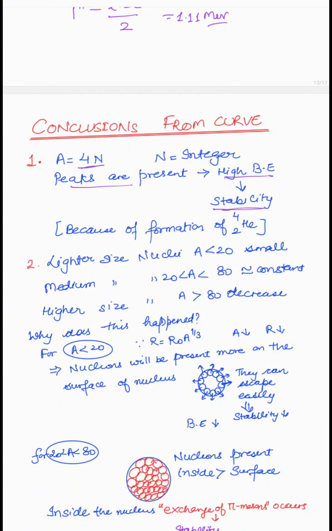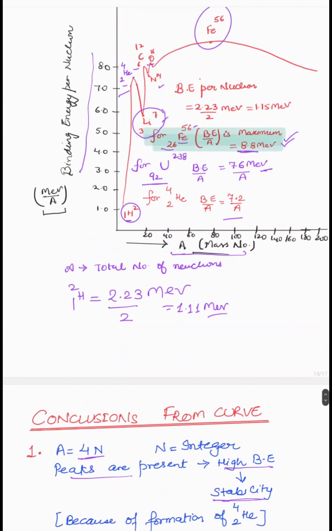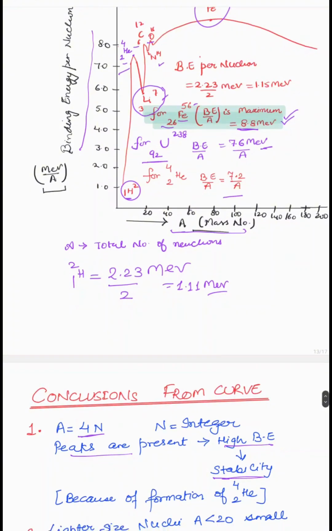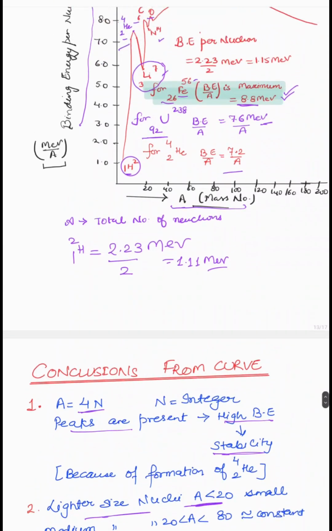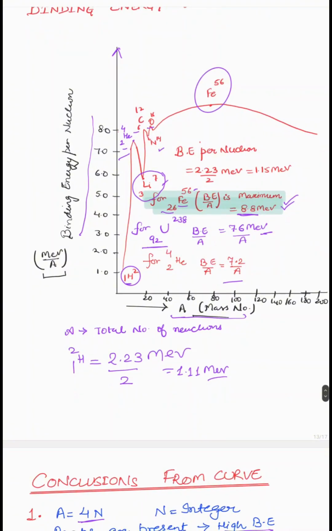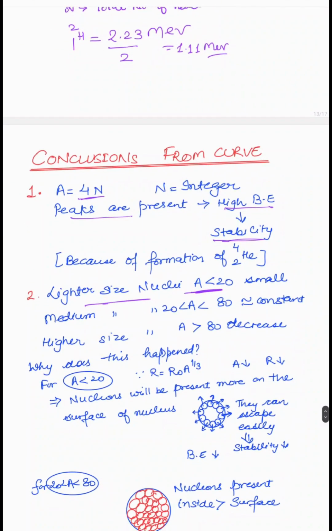Now the second conclusion that we can observe from here is that the nuclei which are lighter in size, having a mass number less than 20, show a small value of binding energy per nucleon than the other nuclei.